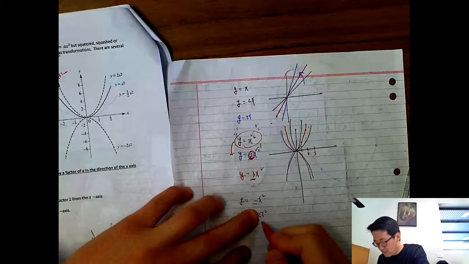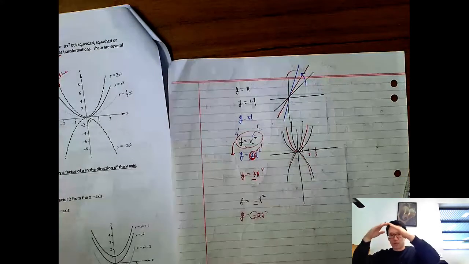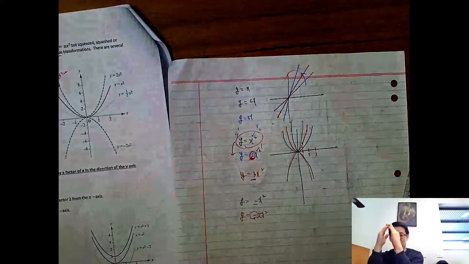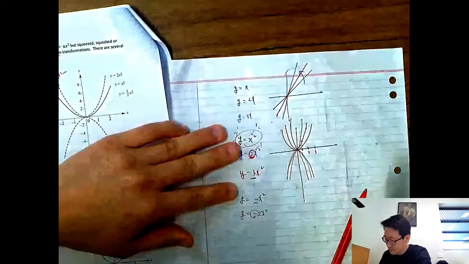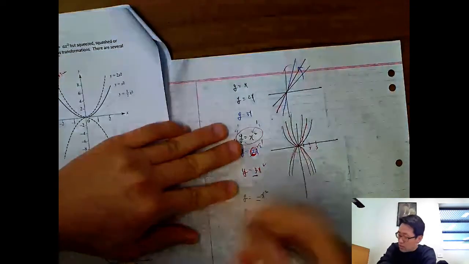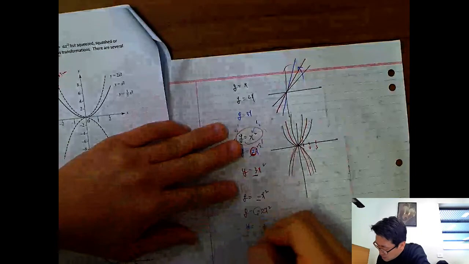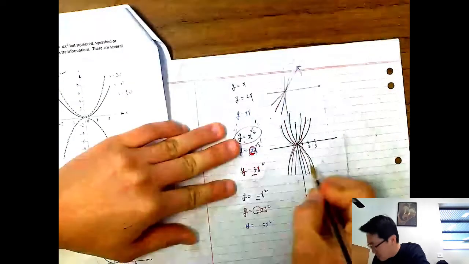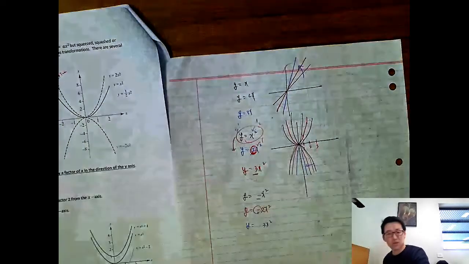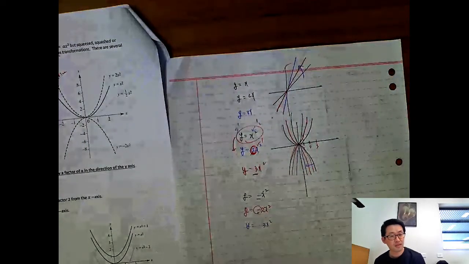And then the same thing, we look at that, it's going to be narrower because it changes more sharply this way. And y equals minus 3x squared, narrower. So it moves towards that way. Does it make sense? Hopefully you can see that.